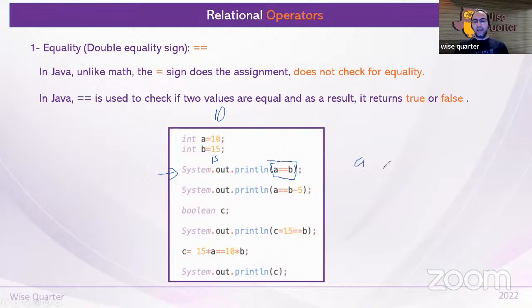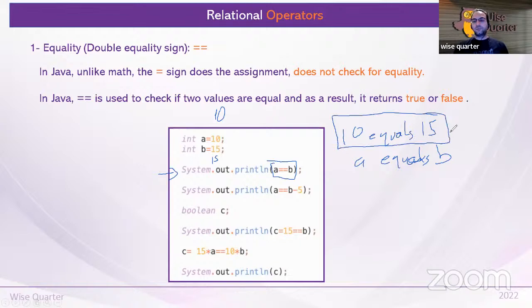If I say A equals equals B, which is 10 equals equals 15, when I see that, the first thing that comes to my mind is false. Exactly like this. This one will print false, because this equality is false.